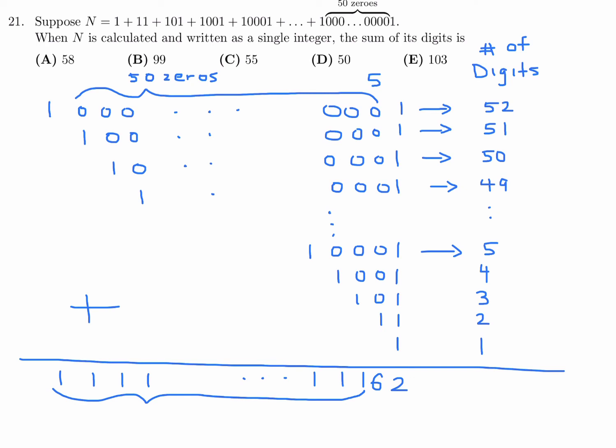All the way across, there's going to be the same number of digits as that top one, which had 52. So there's 52 digits in this big long number. The first 50 are 1s. So the sum of the digits is 50 times 1, plus that 6, and then plus that 2. And this is 58. So number 21, the answer is A.